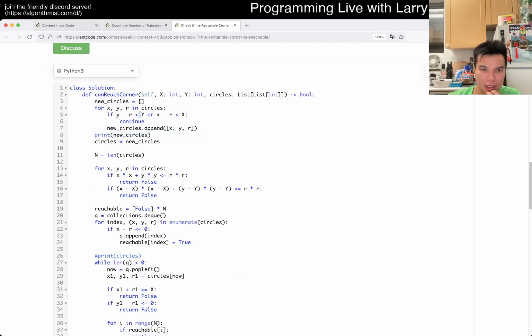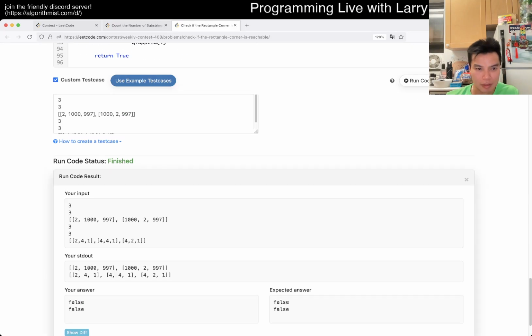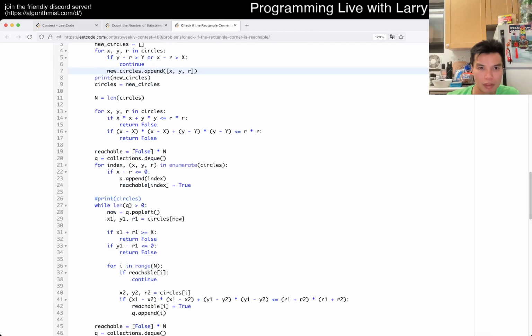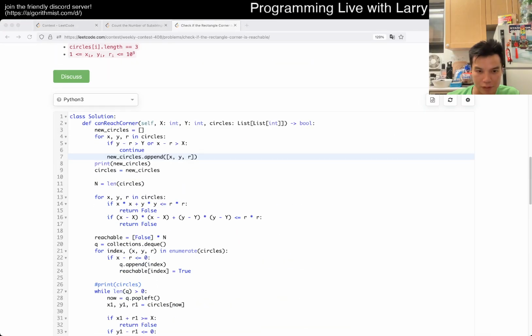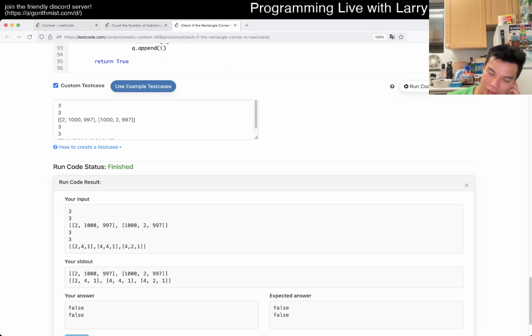Why is this not a match? Yeah, maybe I thought I tested this for this, but why is that?